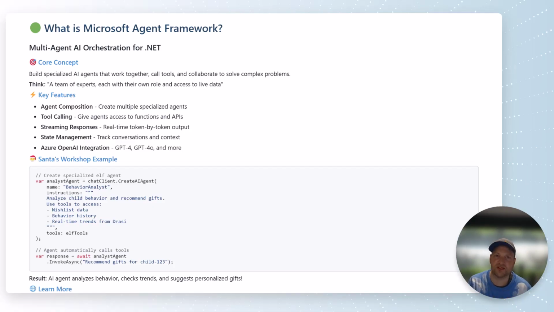So you have to be very specific and not over-engineer these prompts. We were using the preview packages because I don't think Microsoft Agent Framework is 1.0 yet, but it all worked fine. Tool calling, as you can see, worked wonders and was able to hit the SignalR endpoints and do those GET requests from Drasi as well.